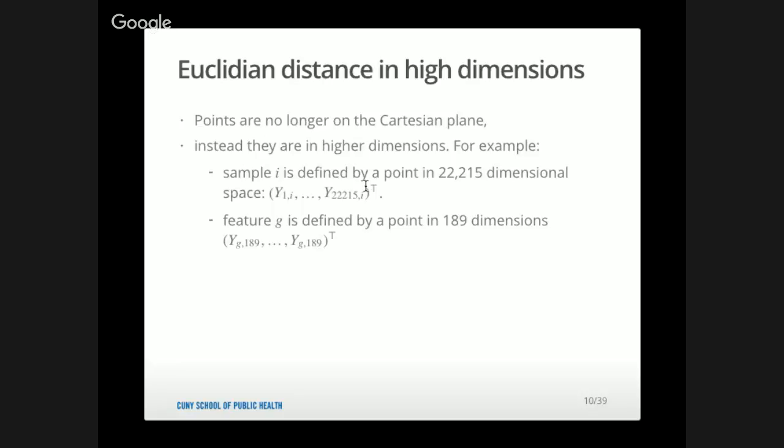This T stands for transpose, and it's common, with a vector like this, to put the transpose there just to indicate it as a matrix. And I'll give some examples of what that looks like.